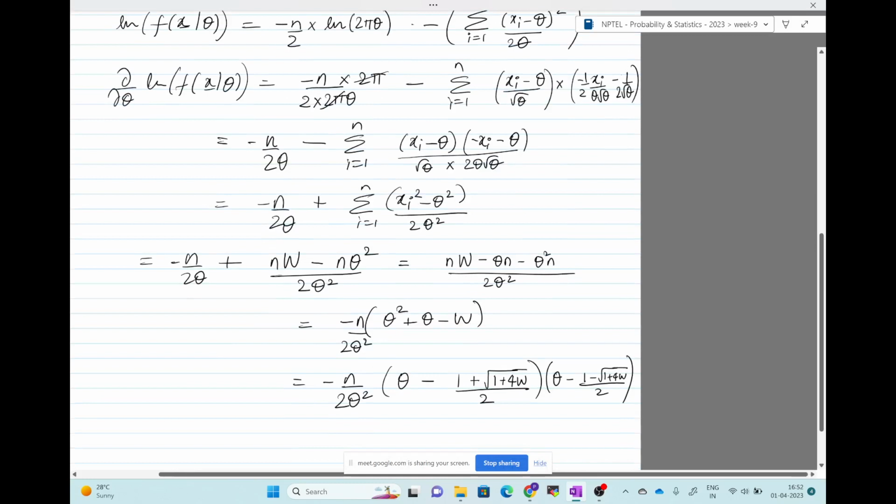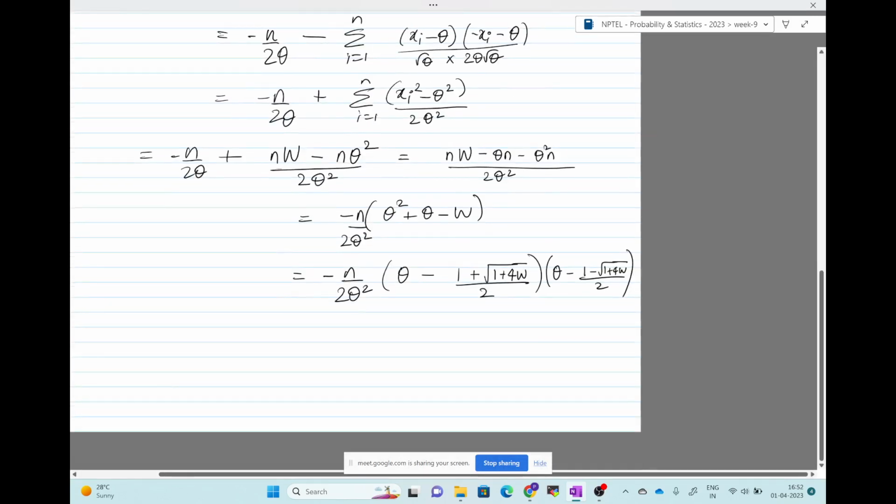Your double derivative should be, so theta is either 1 plus.